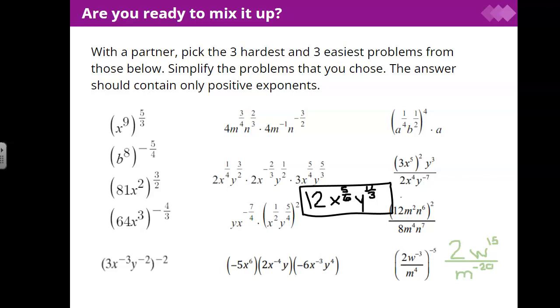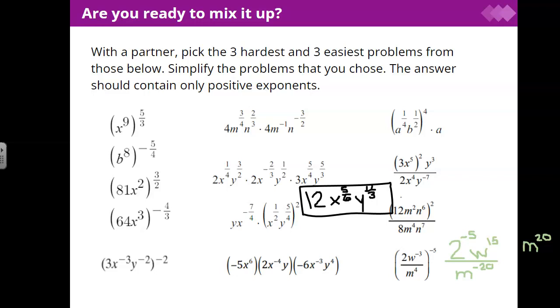And then what people don't remember a lot of times is that 2, even though it's a number, it's not a variable, it still needs that negative exponent. So that means as we go through and we do this work, when we're writing a final answer here, the M has a negative exponent, so it has to move. Since it's already on the bottom, we're actually going to move it to the top. Okay?